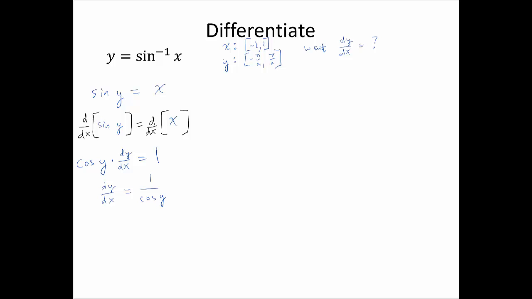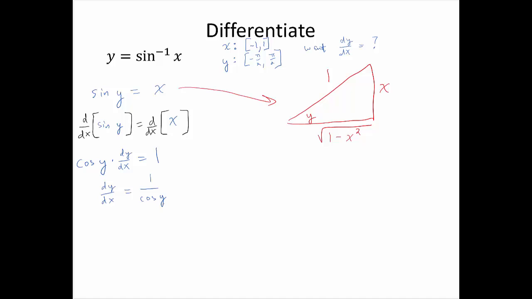Well, if sine of y is equal to x, let's take a sidetrack here. If sine of y is equal to x, I can draw a right triangle. Let's say that's my angle y, and sine is the opposite over the hypotenuse. So sine of y is equal to x, so that would be x over 1. The remaining side is the square root of 1 minus x squared from the Pythagorean theorem.